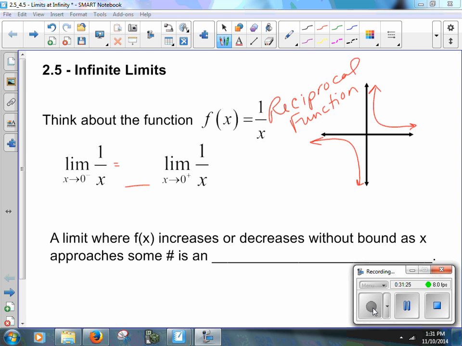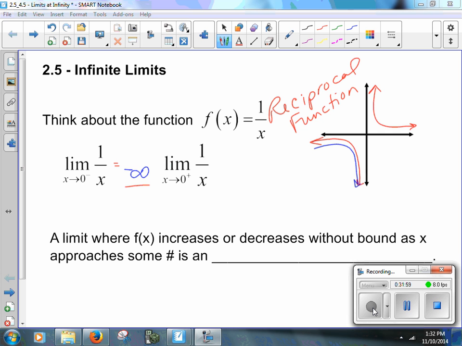Now, when it's approaching 0 from the left, where is that curve going? Isn't it going this way to negative infinity? Actually, for this, it is approaching negative infinity. We'll talk about that in just a minute. This is when we're dealing with infinite limits, okay?